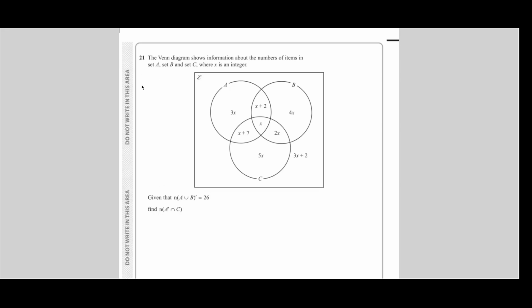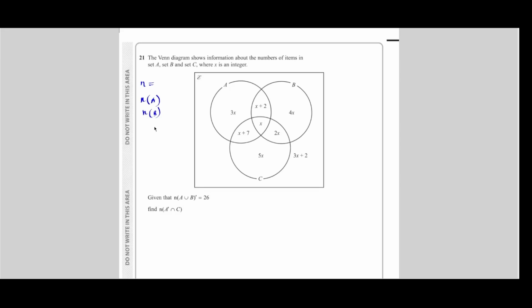The meaning of n is the number of elements in any set. So if you are given n A, it means the number of elements in set A. If you are given n B, you need to count how many numbers are there in set B, or the total. That's the meaning of simple n.